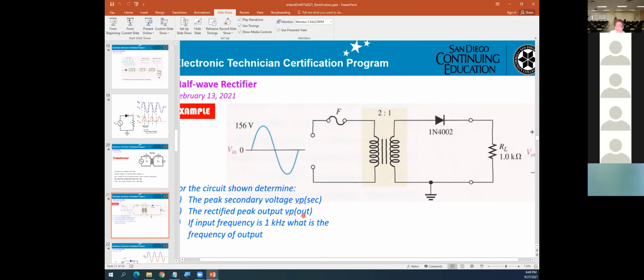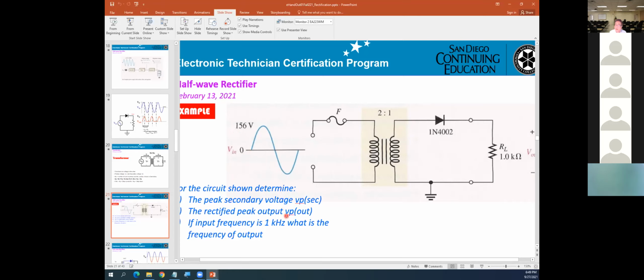The peak secondary voltage, V peak, you can see that will be 156. That's the peak voltage. Peak to peak, you have to multiply by 2. So the peak secondary, you take 156 peak times 1, divide 2.